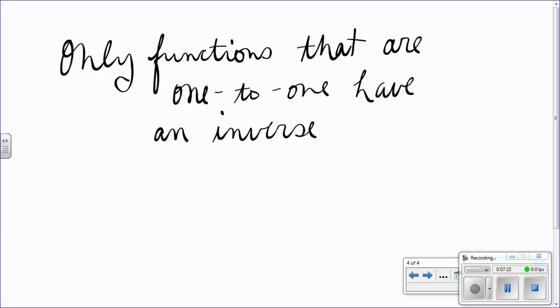Another way you could look at it, a function has an inverse if it is always increasing or always decreasing.